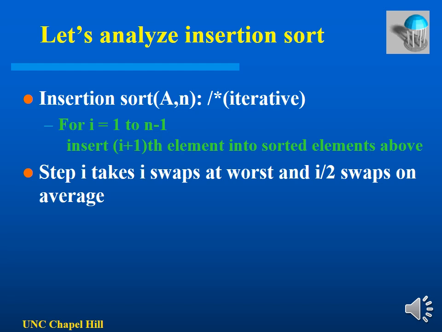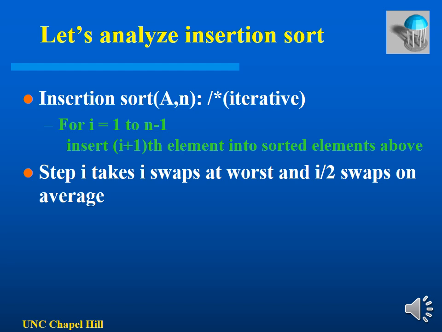However, on the average, we only need to make i over 2 swaps. That is to say, the element being inserted on the average only has to go halfway up into the sorted file.